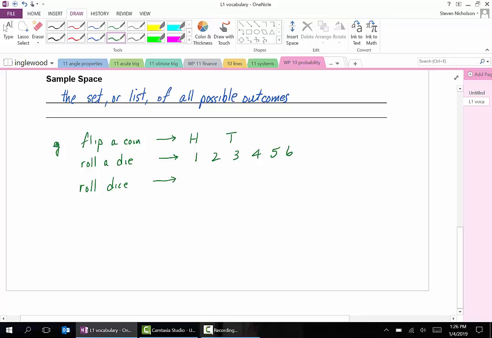When you roll a pair of dice and you add the numbers together, much like you would have done in playing board games, then here is what can happen. You can get these numbers right here: 2, 3, 4, 5, 6, 7, 8, 9, 10, 11, 12. It's impossible to get a 1. It's impossible to get something bigger than 12.